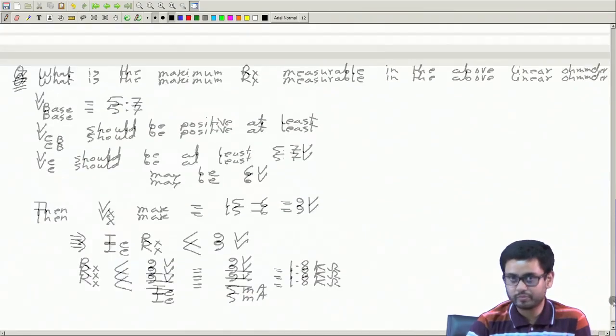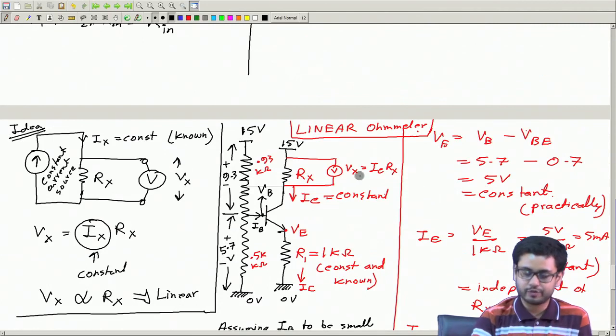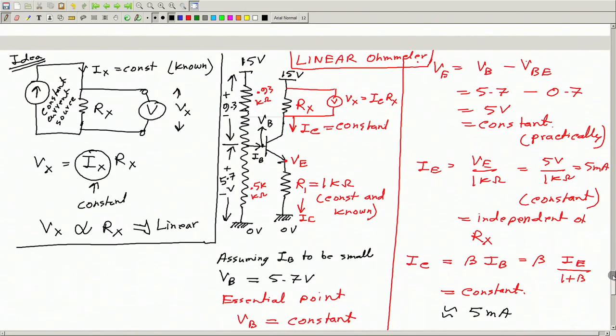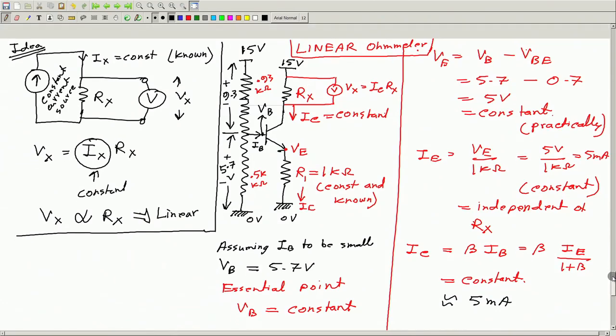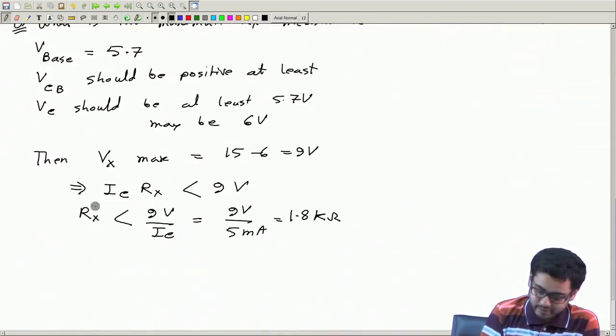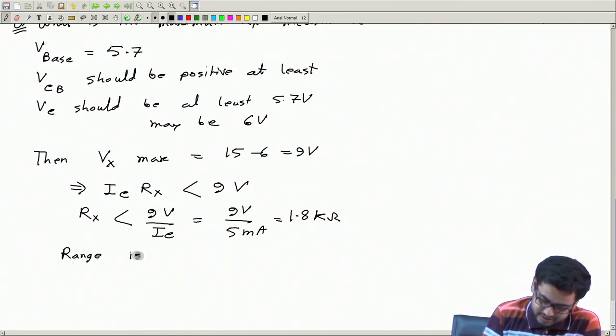This is the maximum resistance that you can put here and you will get linear behavior. If you put more resistance, then the behavior will not remain the same. So the range is up to 1.8 kilo ohm.